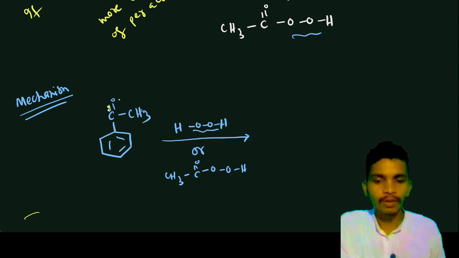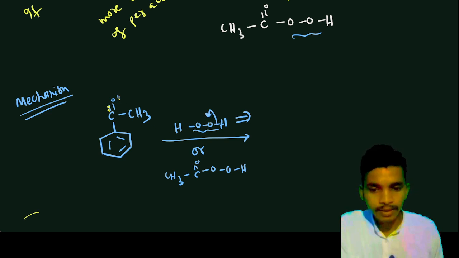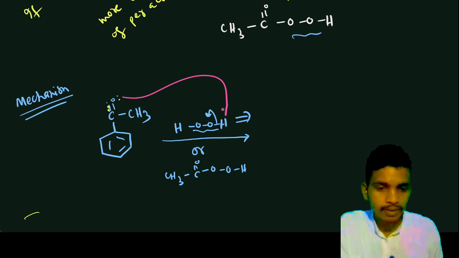Yes. So here these protons are very acidic. What I said is that if HOOH is there, then this is a very acidic proton, so it will be released, and this lone pair will attack these acidic protons.